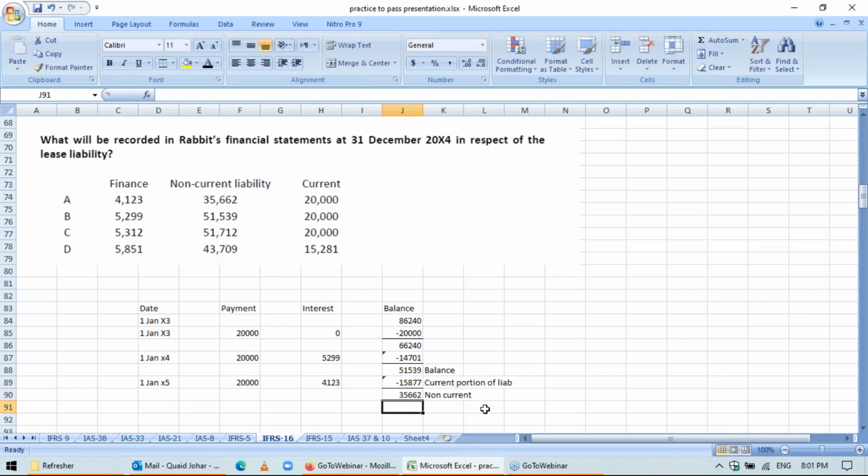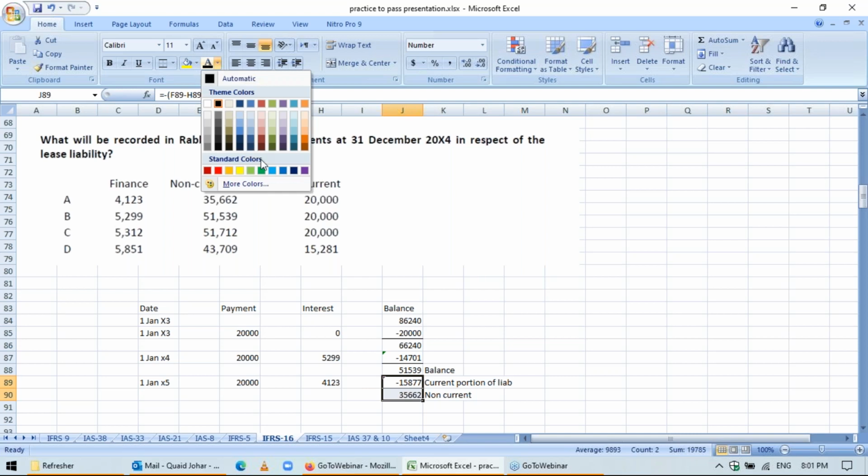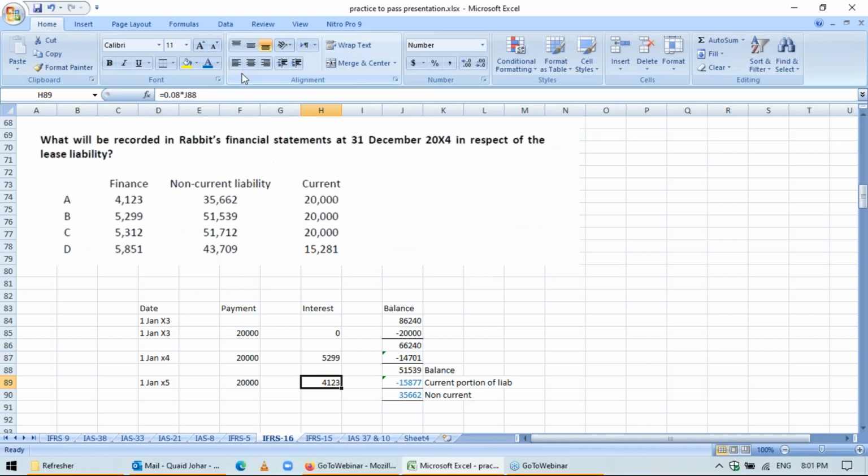So what is the answer? The answer is the one you can see in blue. Right?